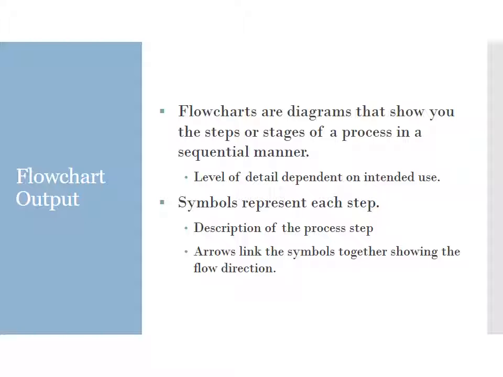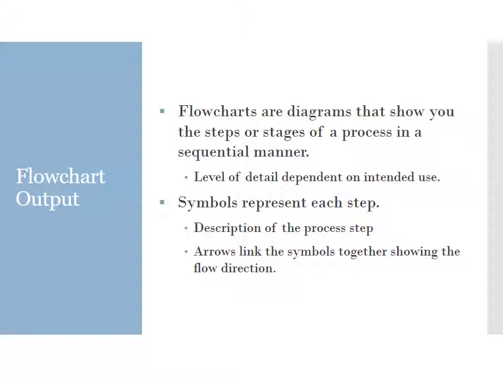Flowchart outputs. This is the ultimate snapshot and picture of what your process is. And it'll be a diagram that shows you all the steps or stages of a process that occur sequentially. The level of detail really depends on how you go about using this. Is it a bird's eye overview of a very simple process? Or is it something that you intend to use when training new individuals that come to your practice?